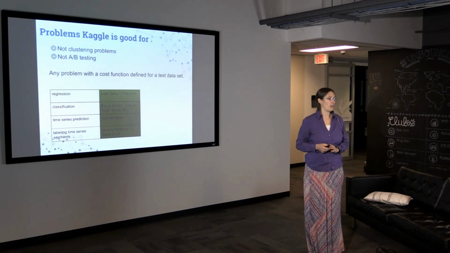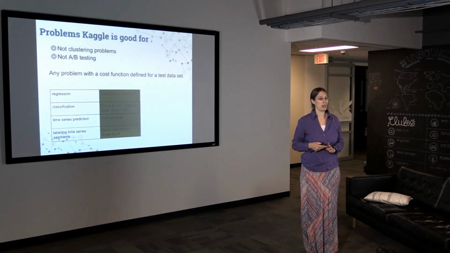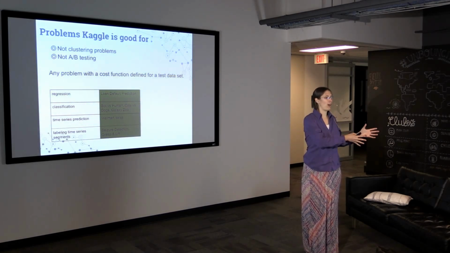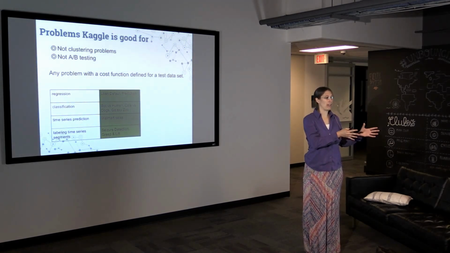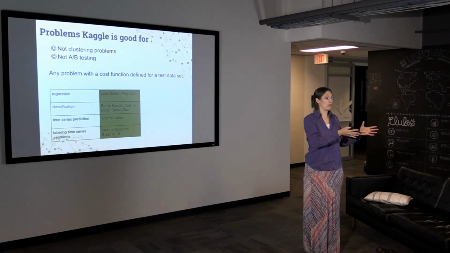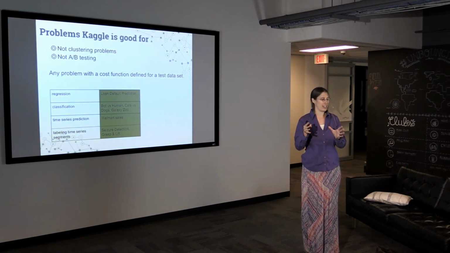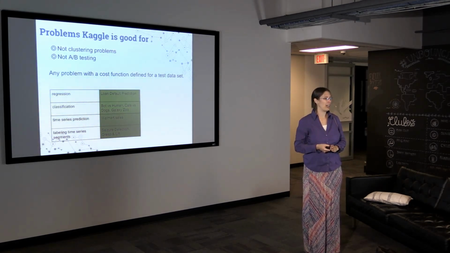A lot of data scientists also work on problems that are more like A/B testing. That's like if I have two populations, or I have a population and I give half that population one treatment. For example, users go to a website and the text is red, and you want to see how many people buy stuff on that version of the website. And you have another version where the text is blue, and you want to see how many people buy stuff when they get the blue web page.